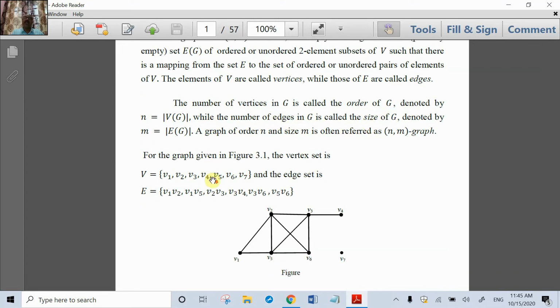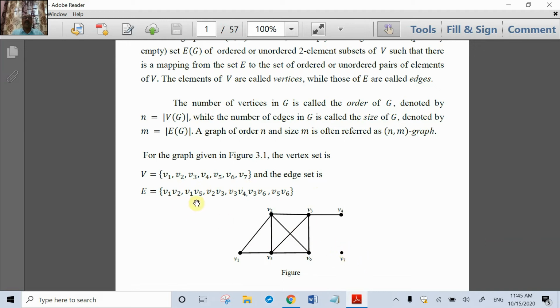Now see, given a graph, an (n, m) graph with n vertices, n means 7 vertices, and m edges, so 1, 2, 3, 4, 5, 6, 7, 8, 9 edges. Now V1, V2, V3, V4, V7 are vertices. Now V7, this is also one vertex without any link.